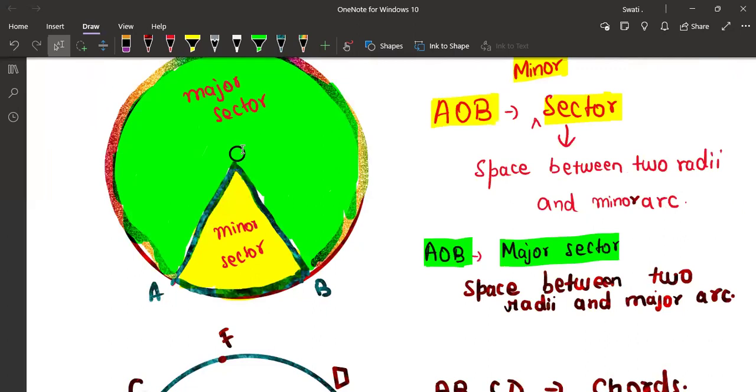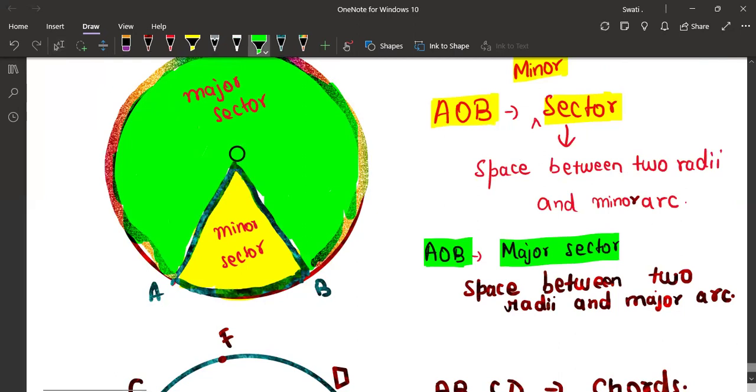But in sector also we have two types, minor sector and major sector. What is minor sector? The space between the two radii and the minor arc will be called a minor sector, and the space between the major arc and the two radii will be called the major sector. Okay, I hope that is clear.